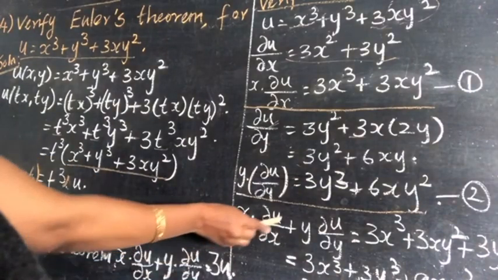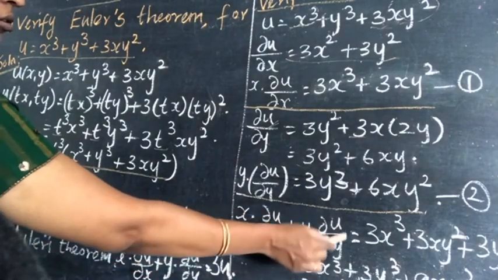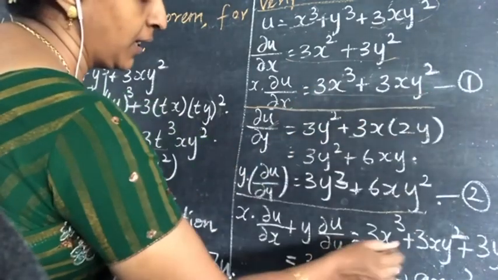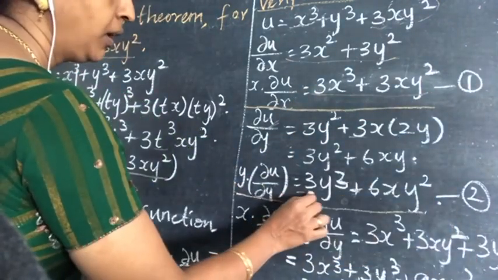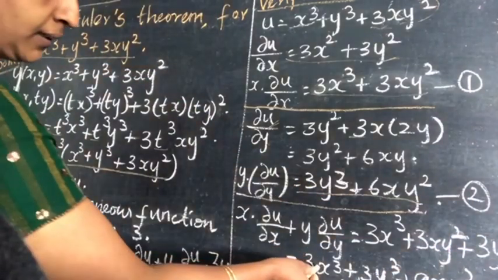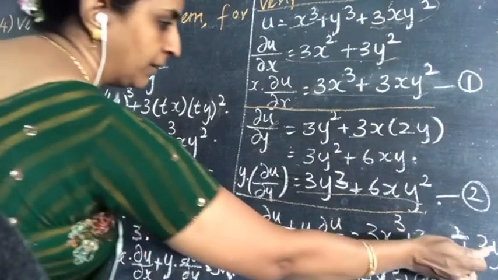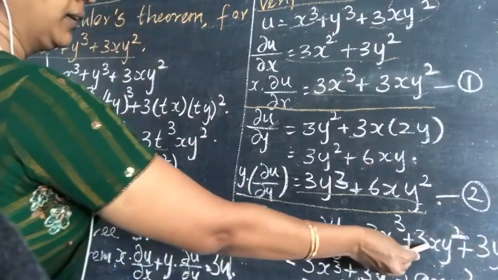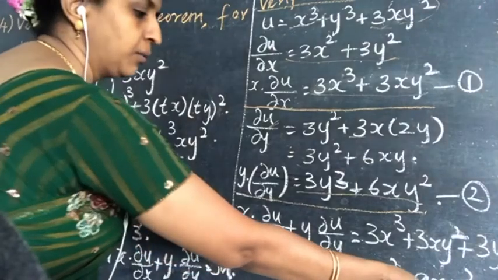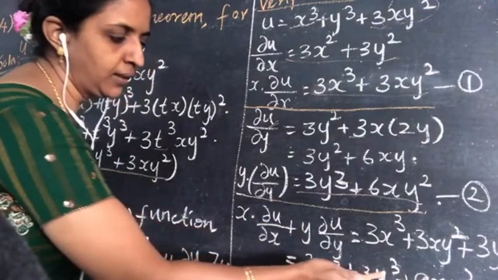x into dou u by dou x plus y into dou u by dou y is equal to 3x cube plus 3xy square plus 3y cube plus 6xy square. While adding this, 3x cube plus 3y cube, 3xy square plus 6xy square will become 9xy square. So, we can take 3 as common.